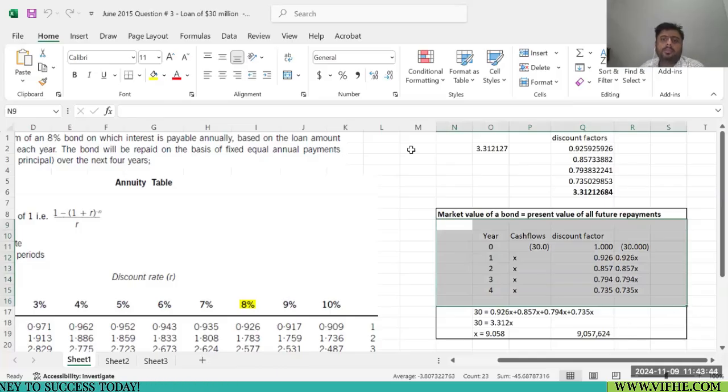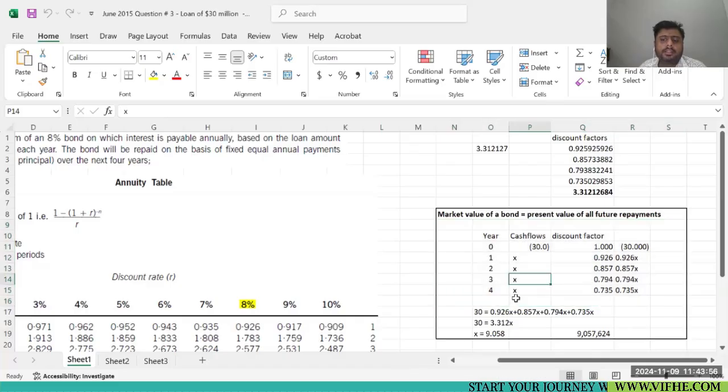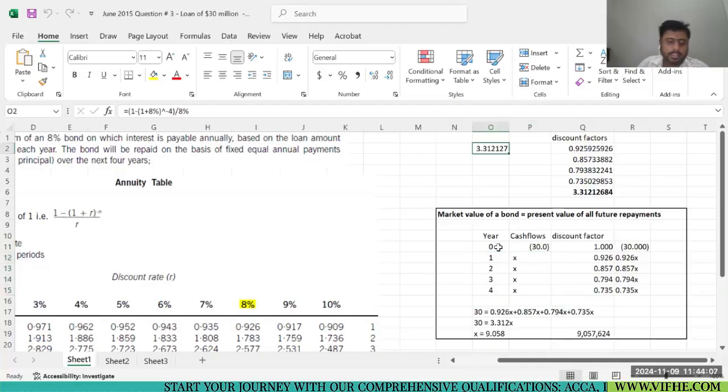Now, since the yearly amounts are the same at the end of first year, at the end of second year, at the end of third year, at the end of fourth year, we can say that it is forming an annuity. Annuity is formed when the amounts are same, correct? So we can calculate the annuity factor at 8% for 4 years.